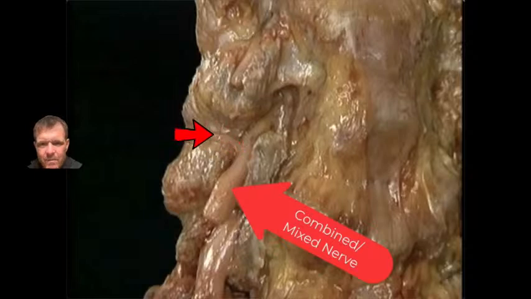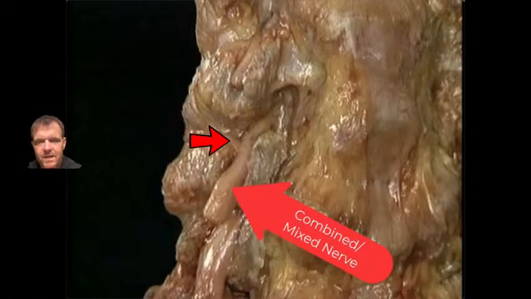And then can you see that one there coming out? These are called rami, and a ramus means a branch. So we've got a posterior branch of nerves and an anterior branch of nerves. This one will come off and supply maybe the limbs, or the front part of the body.